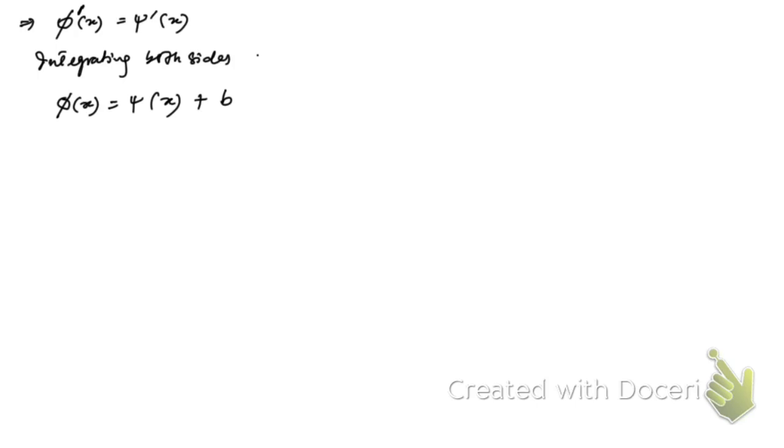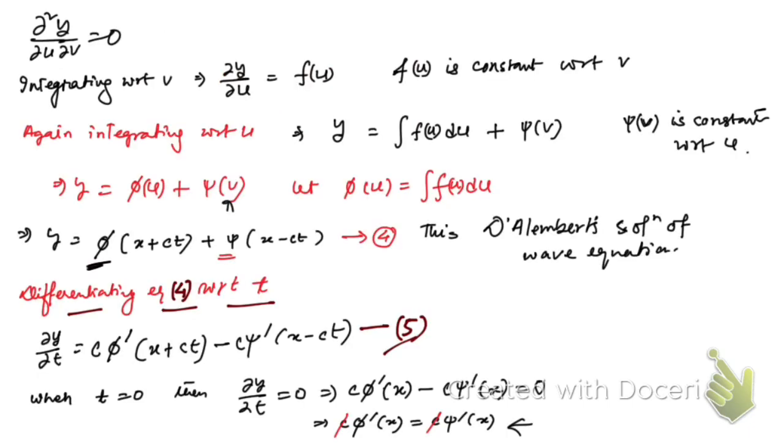Now this is suppose equation number 6. So last equation was equation number 5, so I have taken here 6. Now what we can do, again when you put t is equal to 0, now here you see from equation number 4, when you put t is equal to 0 here, then y will be only function of x, right?